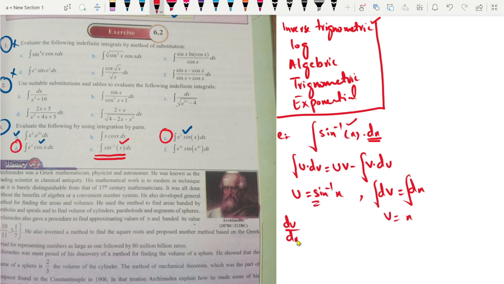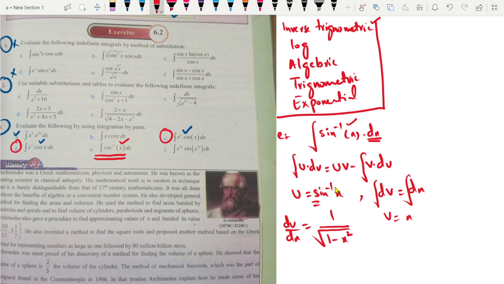Now take the derivative: du by dx. I check what is the derivative of sine inverse of x. The derivative of sine inverse of x is 1 divided by under root 1 minus x square.